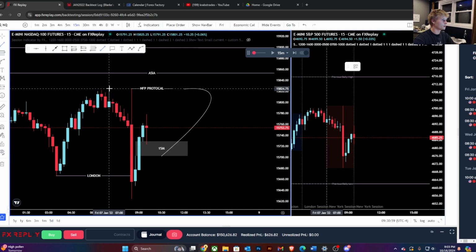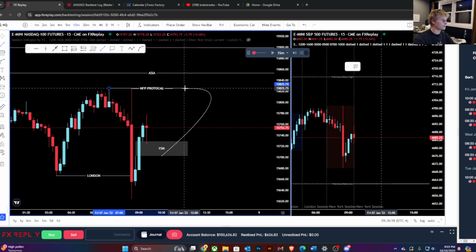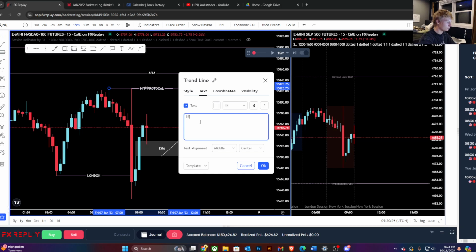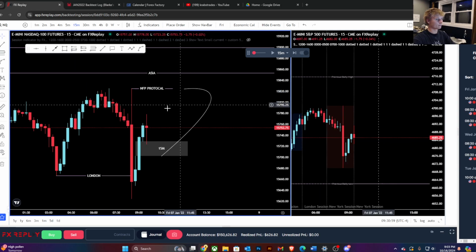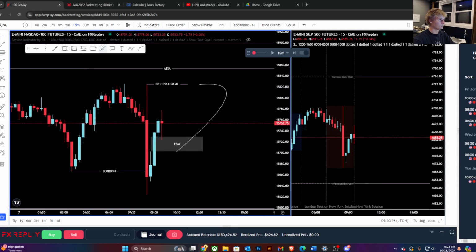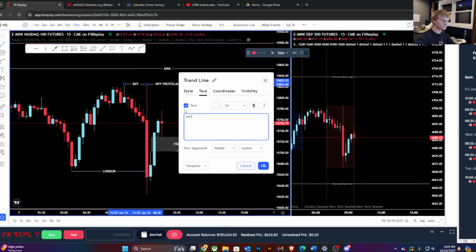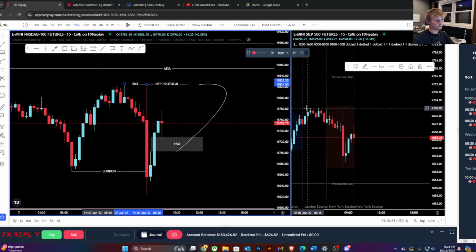Also, we left relative equal highs here, which is nice, but that is a SMT though. So yeah. So bearish SMT there.